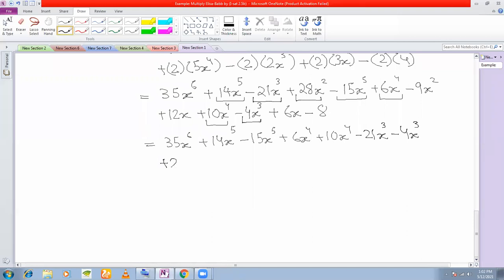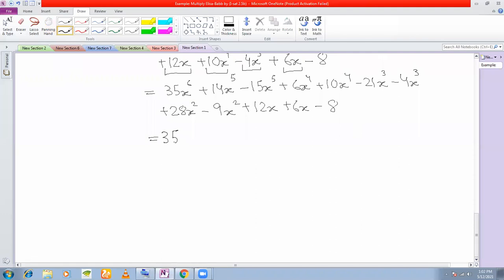Write it here, plus 28x square. And this minus 9x square is also there. So write it minus 9x square. And no other power 2 I can see. Next power is 1. So what are the power 1 here? If you see this plus 12x is power 1, plus 12x. And you have a plus 6x also. And minus 8 is alone. So you write it as it is.